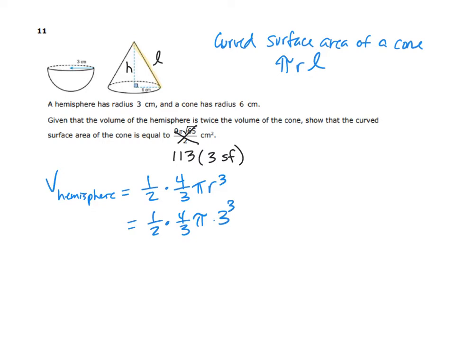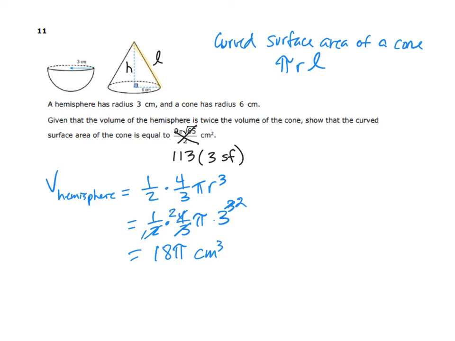Okay, so we will do that arithmetic. Let's see. I'm going to cancel a 2 here, and then I'm going to cancel a 3 with one of these. So I end up with 2 times pi times 9, so that's going to be 18 pi. Okay, and that's in centimeters cubed. So that's the volume of the hemisphere.